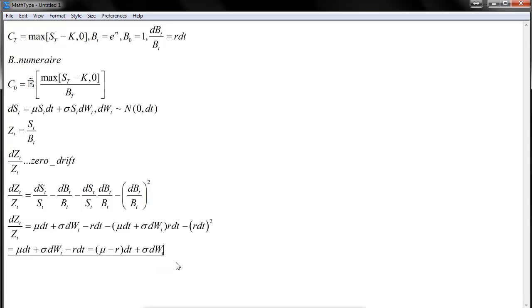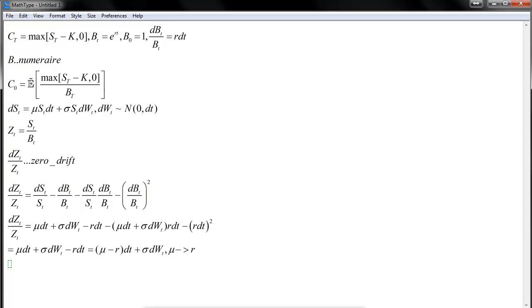And like I said, we are looking for zero drift. So this really gives us the correct indication that in order that the drift of this process is 0, mu must be equal to r.